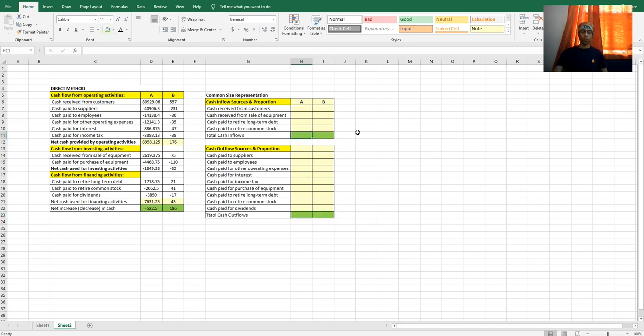First, let us find out the total inflows for A. For A, the total inflows are 80929, 2619, and from cash paid to retire long-term debt and common stock, it's negative, so this will be 0, 0. So this is equal to cash received from customers and cash received from sale of equipment. Rest is 0, 0.